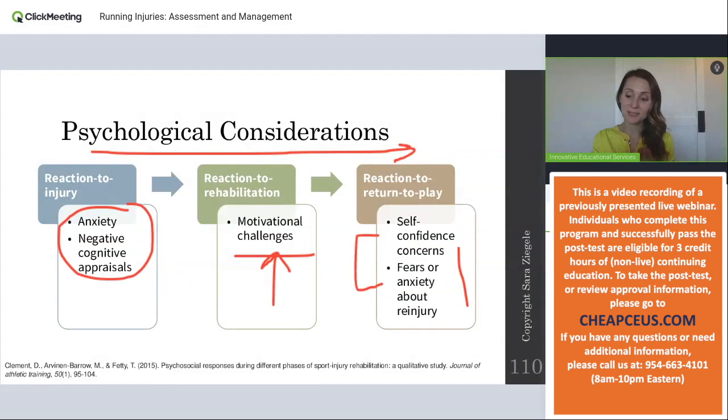So that's a really common psychological state to be in when you're in this phase of return to play. And then also some self-confidence concerns, right? People are used to being well trained, so they're going back and they don't feel well trained. They may also be doing a really modified version of what they used to do. And a lot of people identify as a runner, so when they take that back, they're not really sure how they fit.